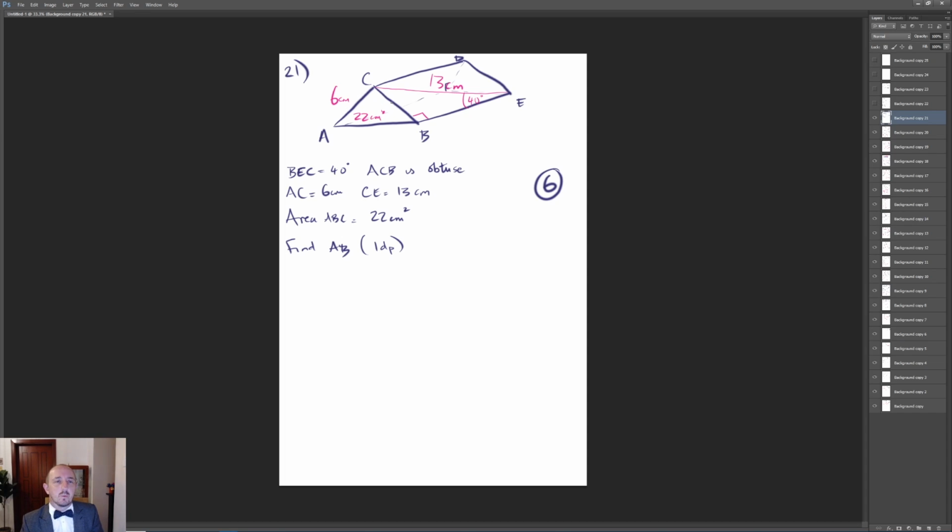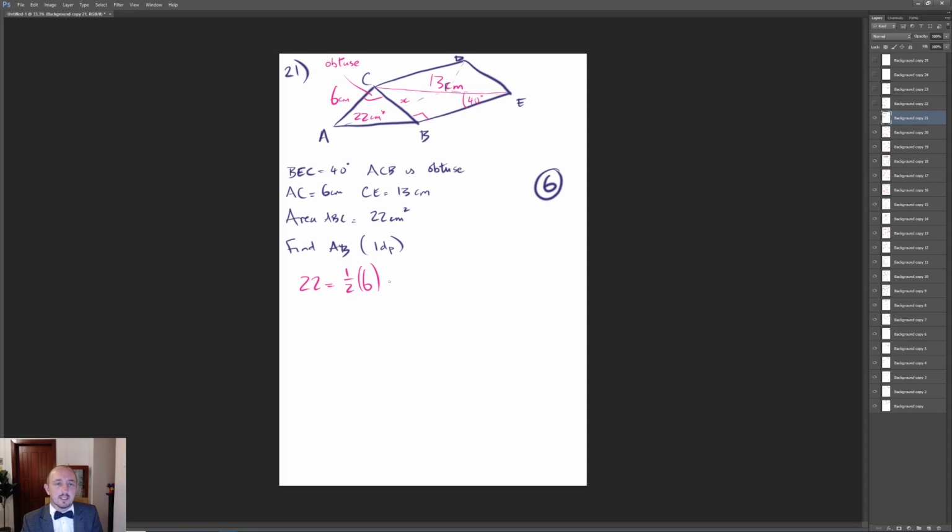So what we're going to do is try and find, oh, it's got an extra bit of information here. ACB is obtuse. So that is obtuse there, which is probably going to come in handy later on. So the area of this triangle ABC is half a, 6, times b, which is the other side of here, so let's just call that x for now.